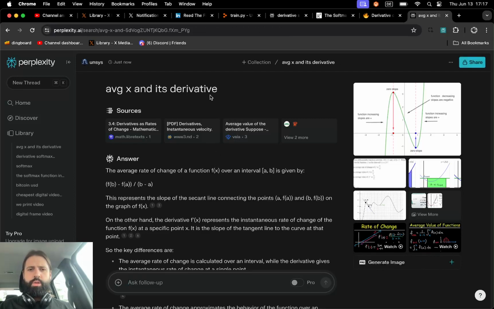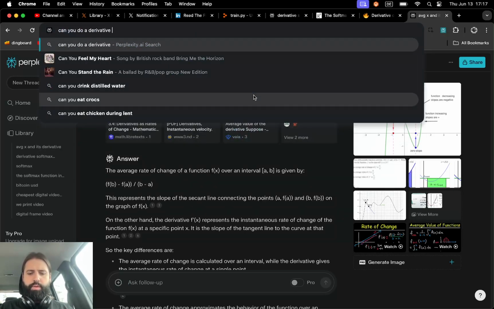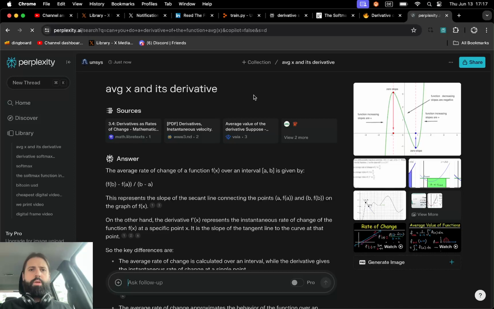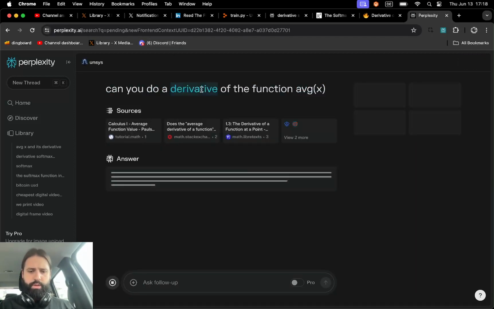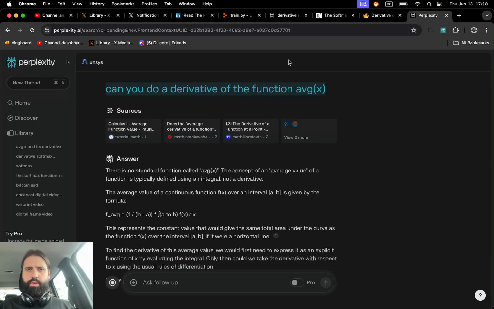Can you do a derivative of the function average of x? How is that even defined? That's probably what we should be asking ourselves first.